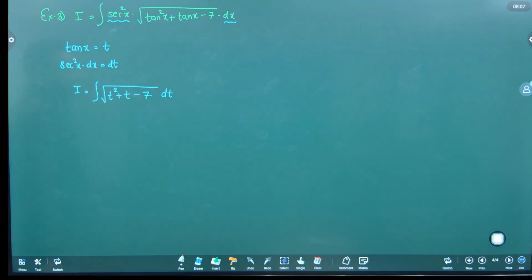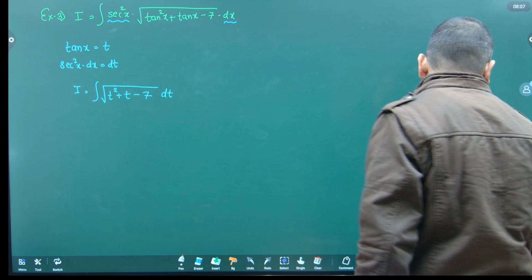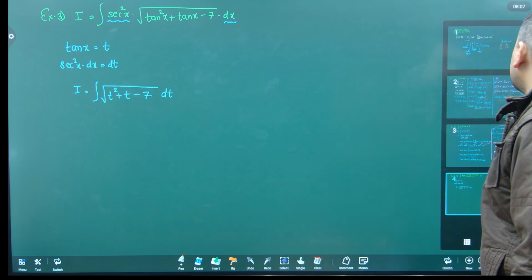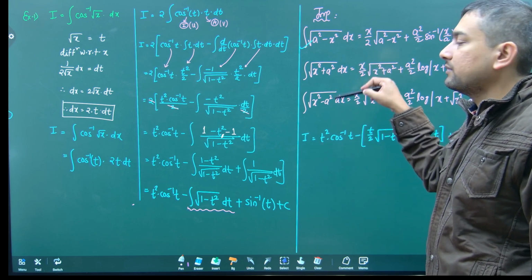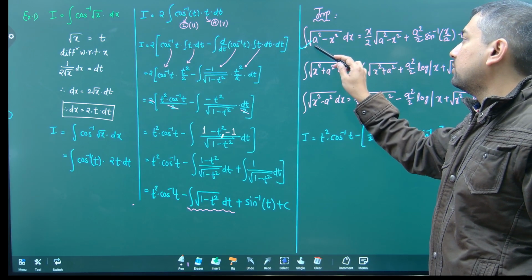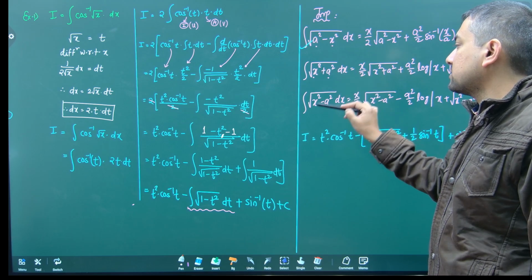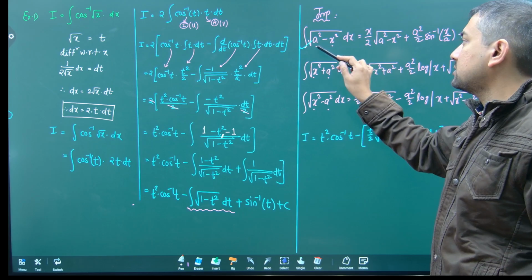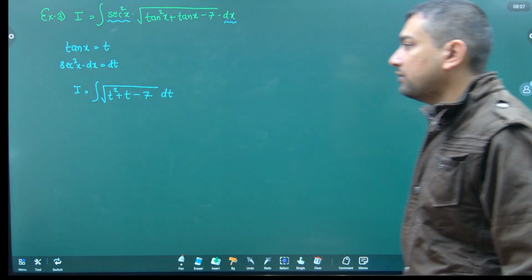Now how will you find the integral? For this, in the beginning of the lecture, we discussed three formulae. Out of these three, we need to use one. See here, in both terms we have a perfect square, x square plus a square, x square minus a square. So we need to make a perfect square of the terms.